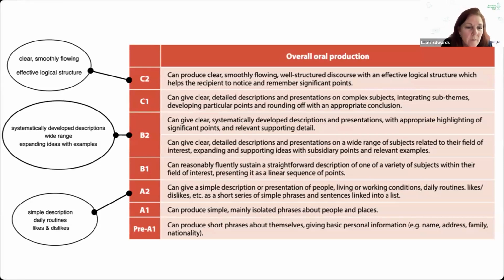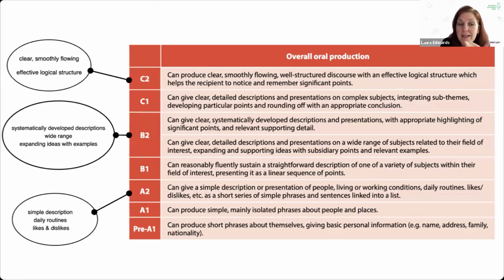And you see here, B1 reasonably fluently sustain a straightforward description on a variety of subjects within his or her field of interest. So still it's close to me, things of my needs, things of my life, linear. B2, it goes up, clear, more detailed, wide range of subjects.